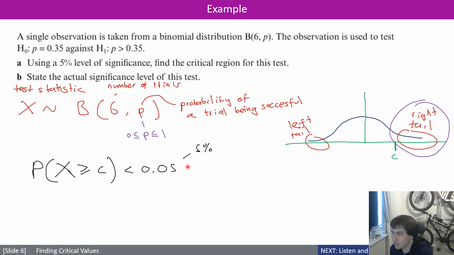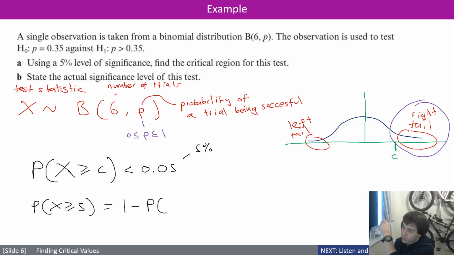So now that we've got this set up, we just need to do a bit of trial and error on the calculator to figure out what this is. Now, it's a little annoying because it's the greater than version, and on your calculators you can only do less than. But what you can do is try a number and then just work out what that is equivalently in the less than version by doing 1 minus. So what I mean by that is, if we work out what this is, that's going to be the same as 1 minus, and what's the opposite of being greater than or equal to 5?